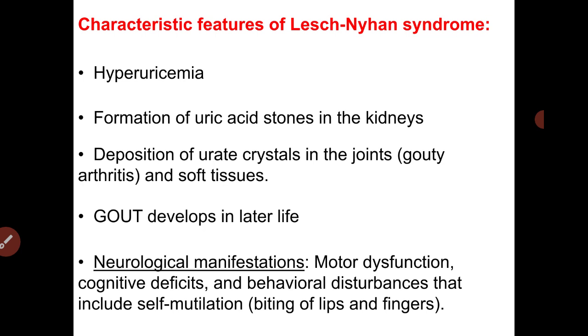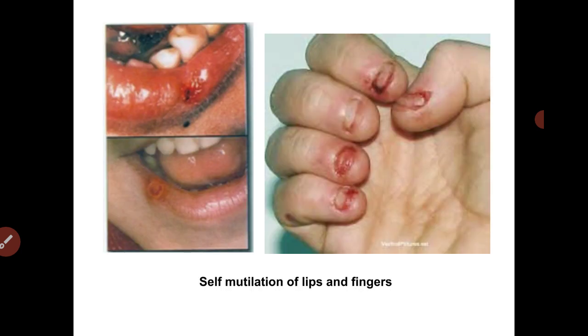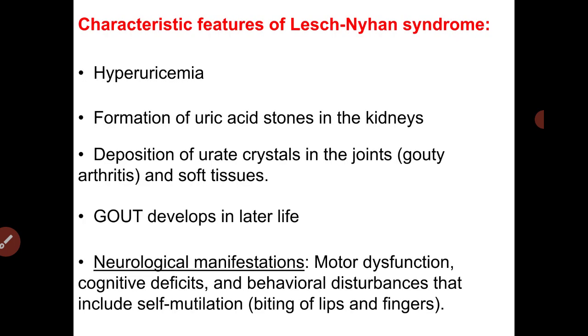The patient will suffer from neurological manifestations like motor dysfunction, cognitive defects, behavioral disturbances, particularly self-mutilation, that is biting of lips and fingers. You can see the picture of self-mutilation here. This is a characteristic feature of Lesch-Nyhan syndrome. And this neurological manifestation is because the brain is completely dependent upon the salvage pathway for purine synthesis.